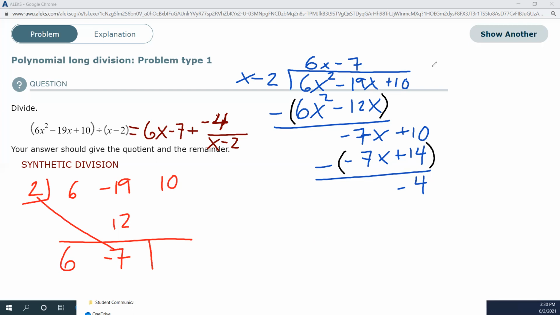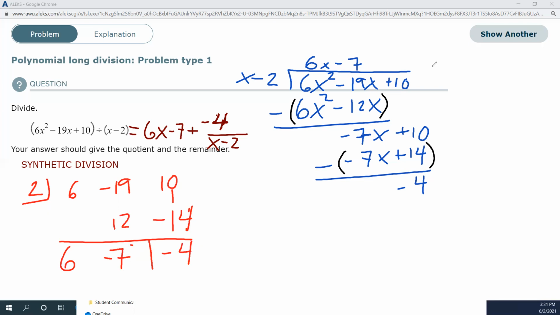And then multiply. Then add. And you'll notice the last thing, that's the remainder every time. And then these two guys here, they always end up being these two guys here. So how do I know what to do with them?